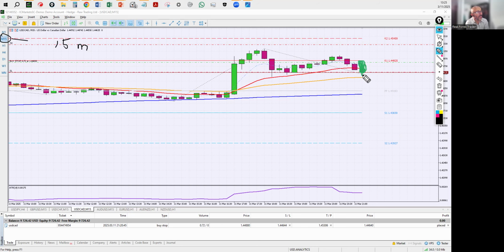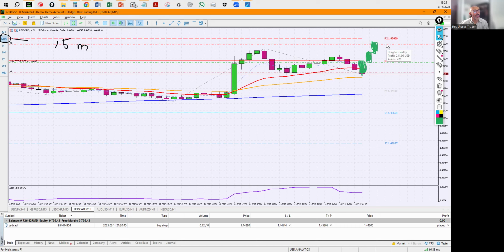So if in 15 minutes this one turned up, okay, good. In the next 15 minutes, maybe the next candle will be bullish as well, and will eventually continue going up. In that scenario, when it triggers my position, the position is going to be 211 in a positive way.